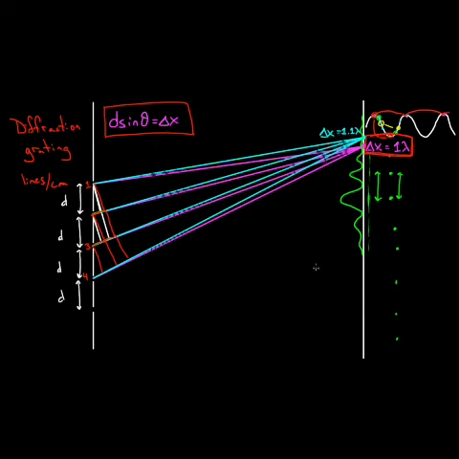And so you get this equation. You get the same equation. It's the same equation we had before, where d sine theta equals m lambda gives you the constructive points for a diffraction grating interference pattern on the wall.